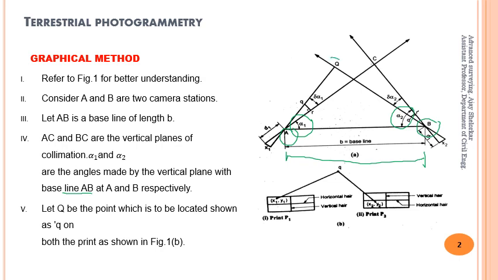This is print P1 and this is print P2, meaning the photographs obtained at A and at B. The vertical line and horizontal line cross here, and this point is called the principal point. Similarly, on photo 2 we obtain the principal point, vertical line and horizontal line of that phototheodolite.